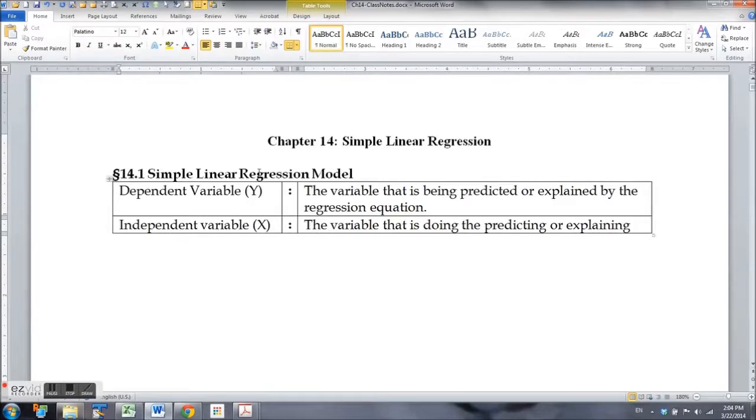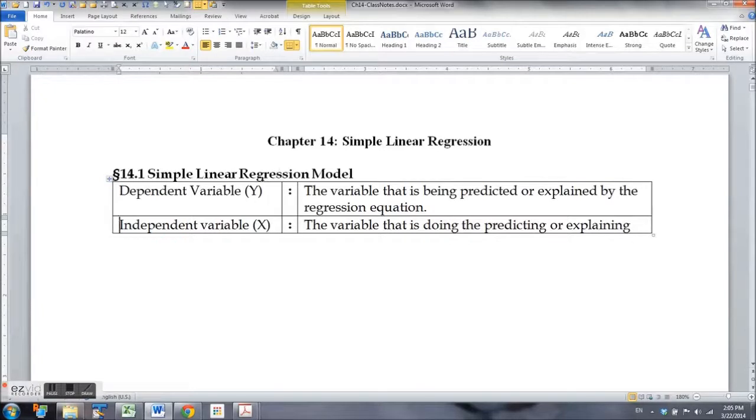To predict the value of y, we use another variable x, which we call the independent variable. So it is the independent variable x that is used to predict the value of y. The variable x is doing the predicting or explaining. Y is the variable whose value we want to predict.